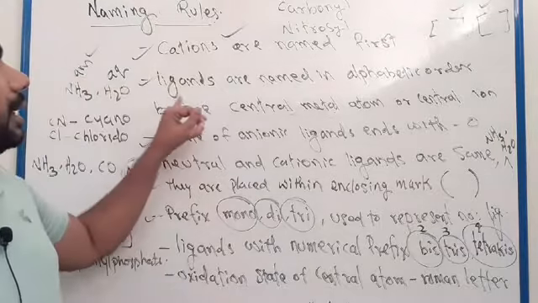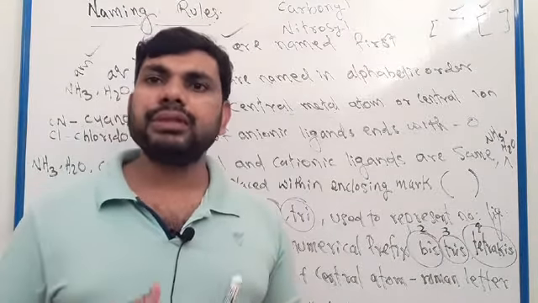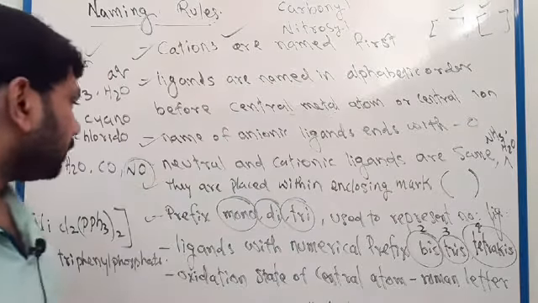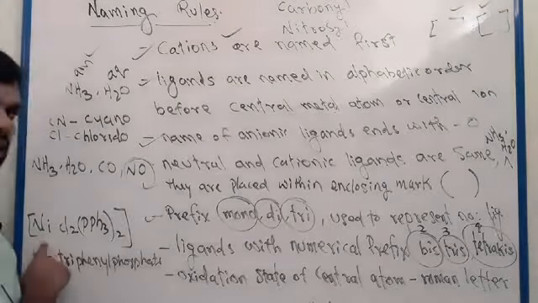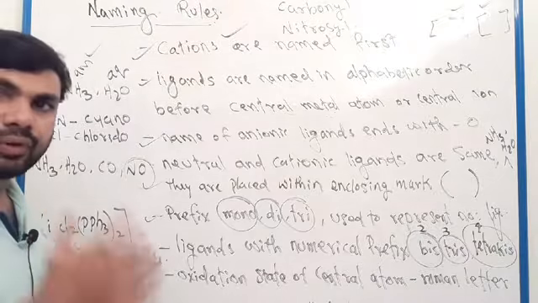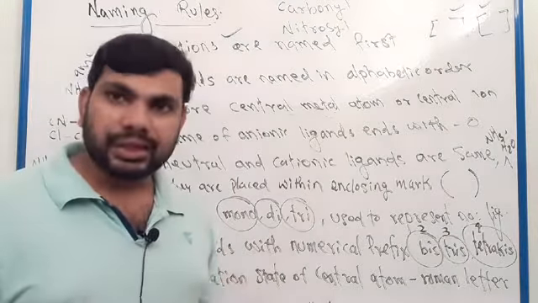Second, ligands are named according to alphabetical order, then we name the central metal atom. When writing the formula, we write the central metal atom first, but in the name the central metal atom comes at the end.